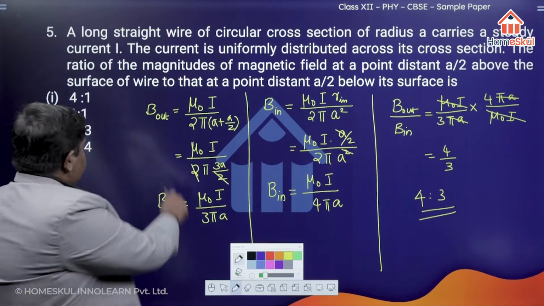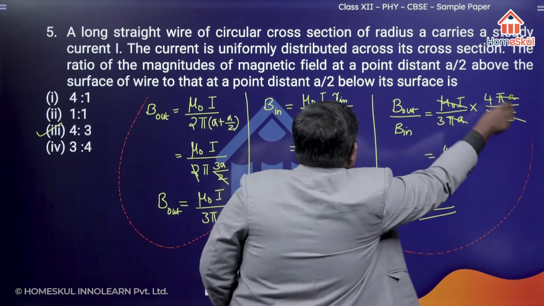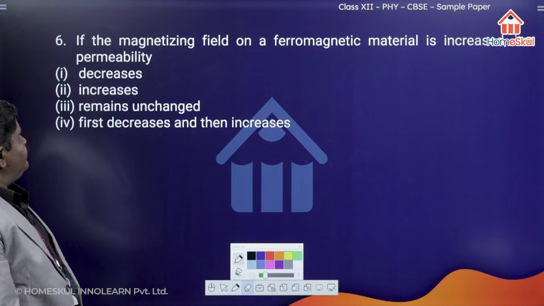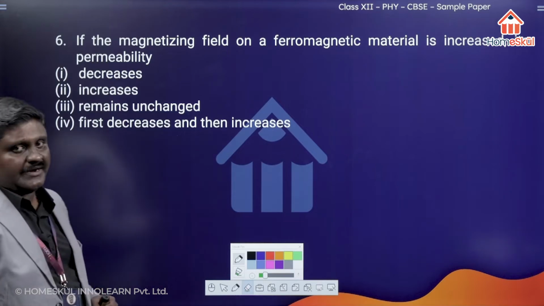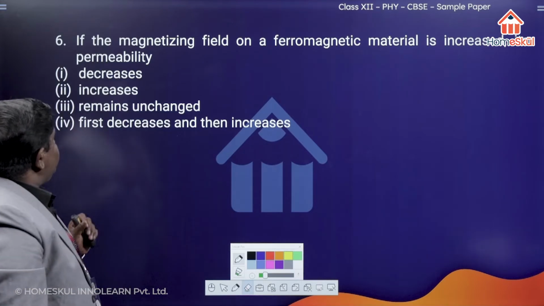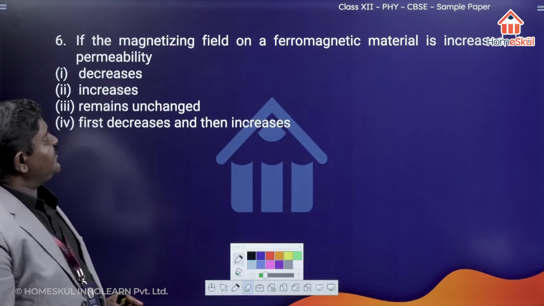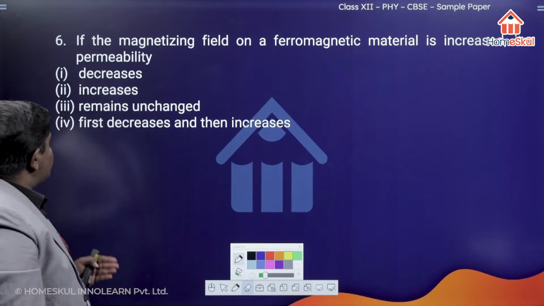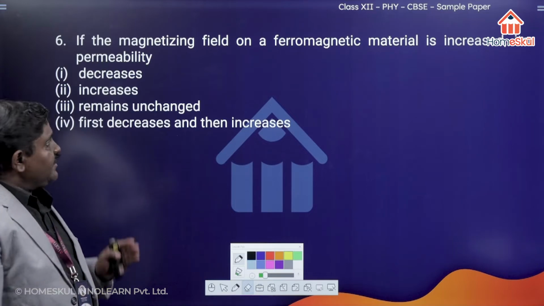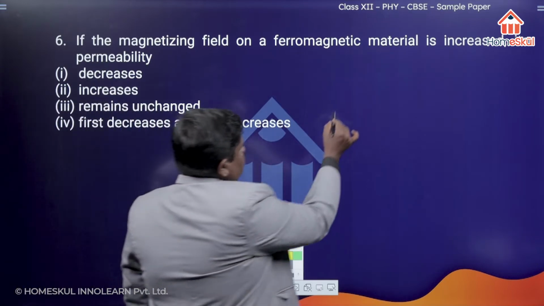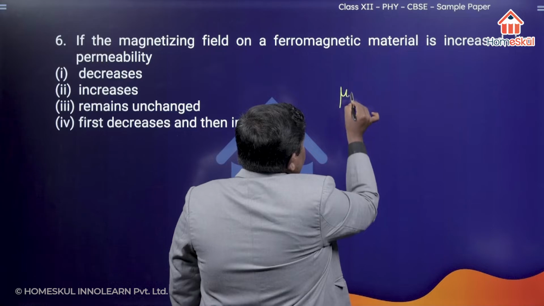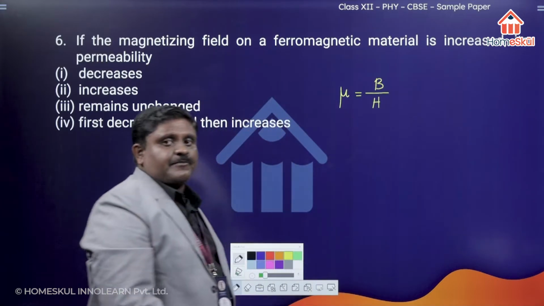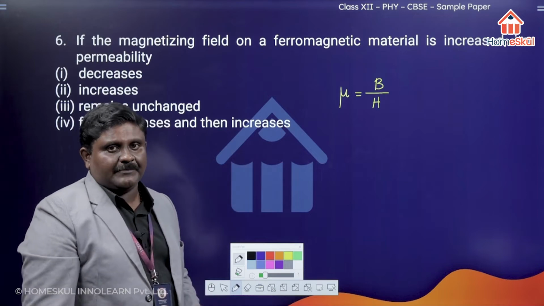Clear? Now we are moving on to the next question, the sixth one. If the magnetizing field on a ferromagnetic material is increased, its permeability, then we have to write the expression for permeability, mu equal to B by H. This is the expression for the magnetic permeability.